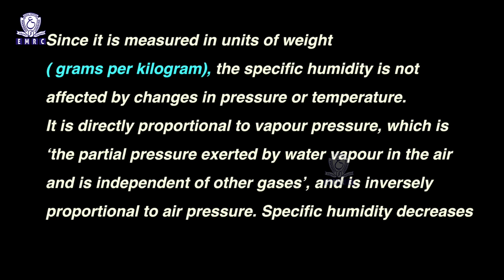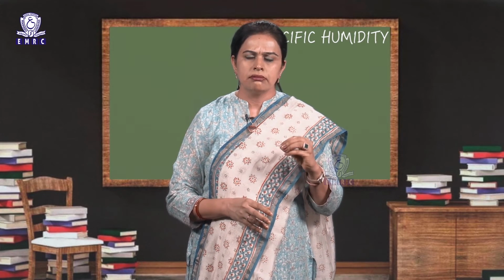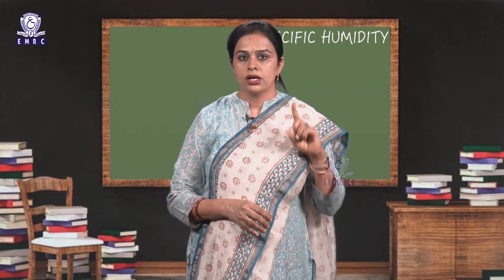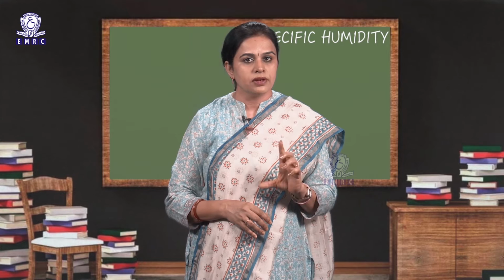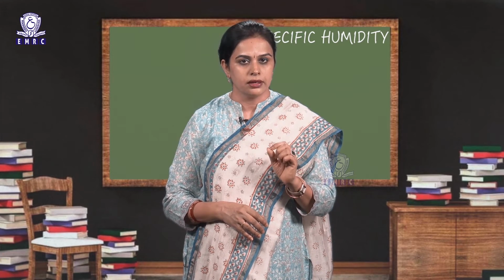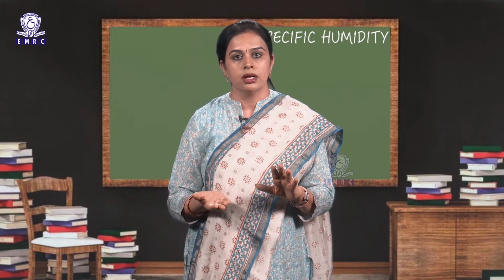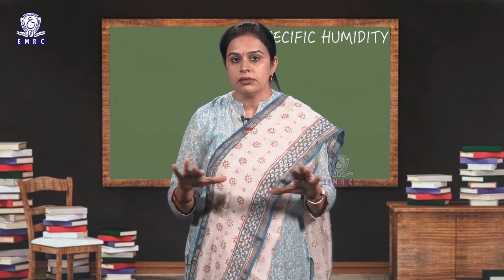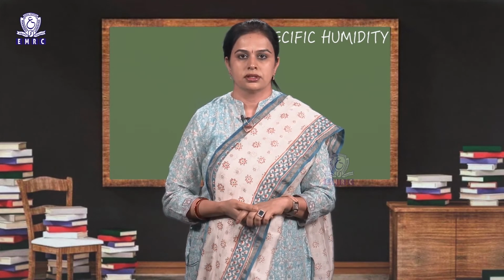Specific humidity decreases from the equator towards the poles. For example, extremely cold and dry air over the Arctic region during winter generally has a specific humidity of 0.2 gram per kilogram of air, while it becomes as high as 18 gram per kilogram in extremely warm and moist air over equatorial regions.